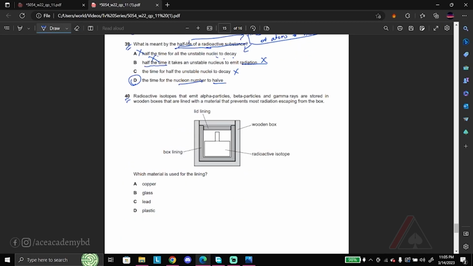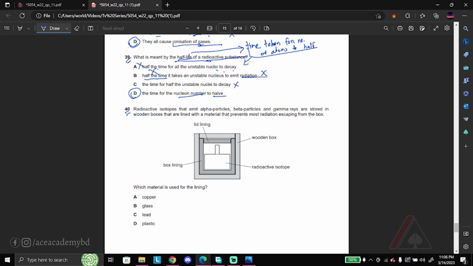Radioactive isotopes that emit alpha particles, beta particles, and gamma rays are stored in wooden boxes that are lined with a material that prevents most radiation escaping from the box. Which material is used for the lining? It has to be a material that prevents most radiation escaping from the box, which means it stops all three radiations we have: gamma, beta, and alpha.